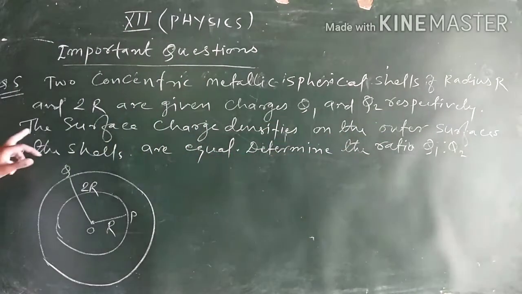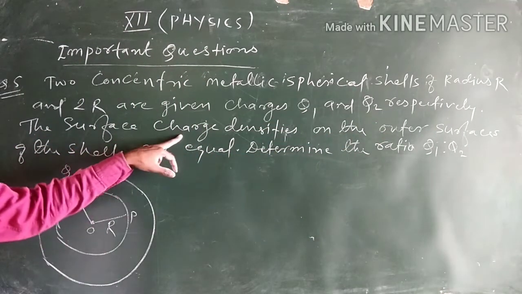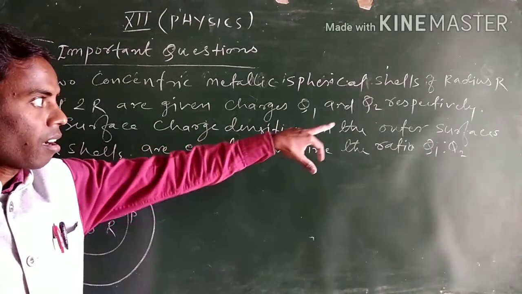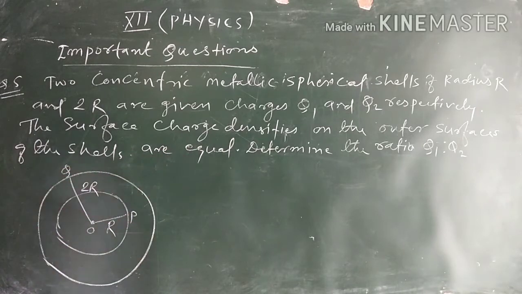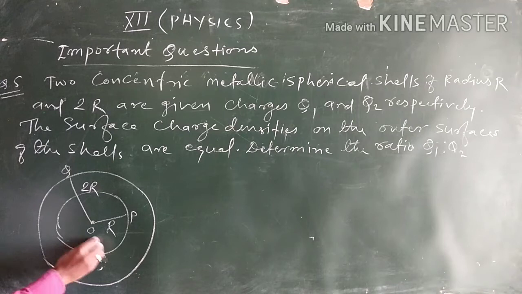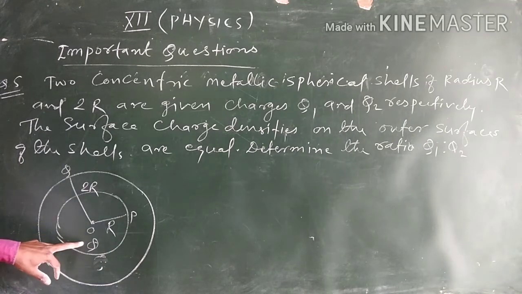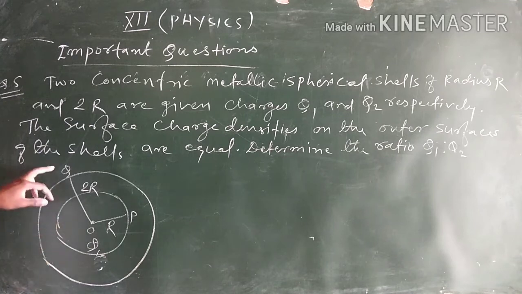The surface charge densities on the outer surfaces of the shells are equal, right? The densities are equal. This charge is Q1 for this one and Q2 for this one.